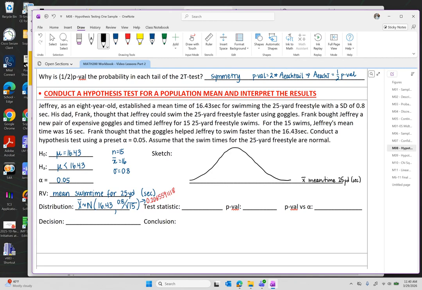And this is the distribution of the sample mean. So at the center the mean will be 16.43, and every tick mark will be 0.206 or 0.207 or 0.21, whatever you want this to look like. But again, I will use Art of Stat to give me those values so that I don't have to calculate them by hand.